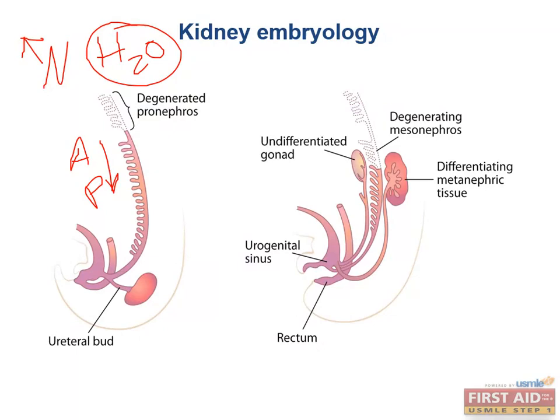And this is why the fetal nephrons begin anteriorly as the pronephros around week 4 of gestation, and then degenerate to be replaced later by the mesonephros.